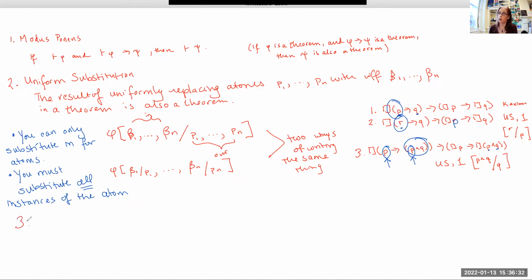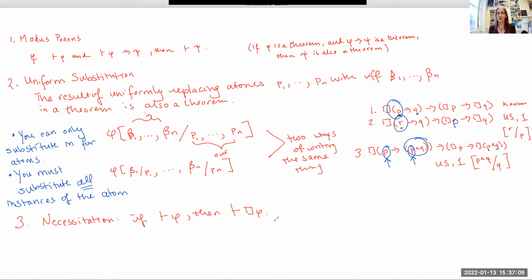And then rule number 3 is the purely modal rule. This is the rule of necessitation. It says if some formula phi is a theorem, then necessary phi is a theorem. So the idea is that anytime that you've already proven something, you can always stick a box on the front. And this is very useful because this is the only way so far, other than the K axiom, that we can actually get modalities into the formulas in our proof.